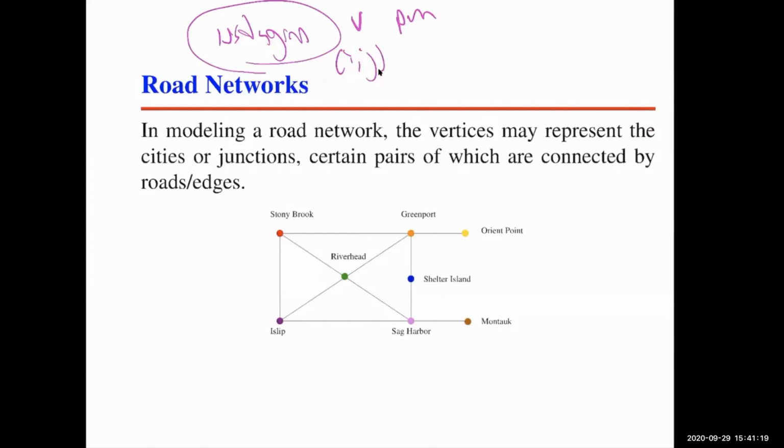If you were to represent a bunch of cities on a map or something like that. Okay, so this is my picture here. A lot of things are road networks. Typically in a road network, the vertices are cities or road junctions, and there would be an edge between any two vertices if there was a direct roadway between them.